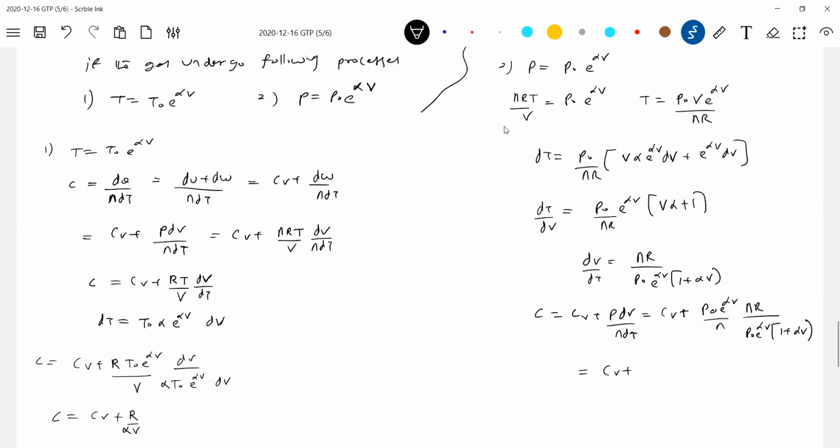Okay, getting this one. Molar capacity can be a function of volume, can be a function of pressure, can be a function of temperature, anything. It will be like this only. Earlier problems I just showed, it was some sort of constant. Here I'm bringing it, it can vary, no.